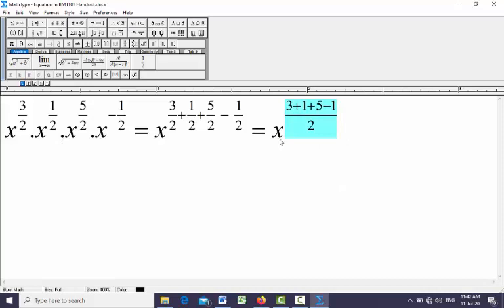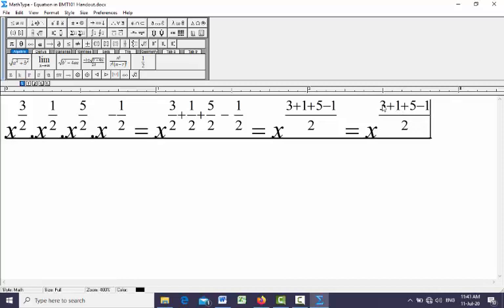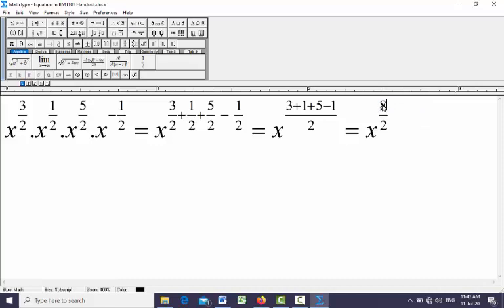So what we will have? 3 plus 1 is 4, 5 plus 4 is 9, 9 minus 1 is 8. So 8 divided by 2, we have x to the power 4.